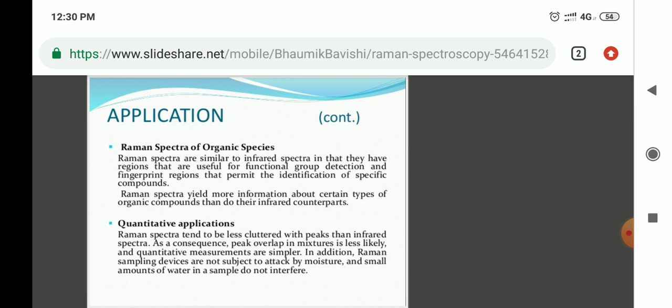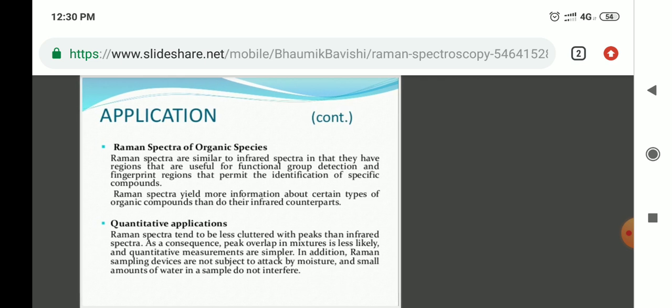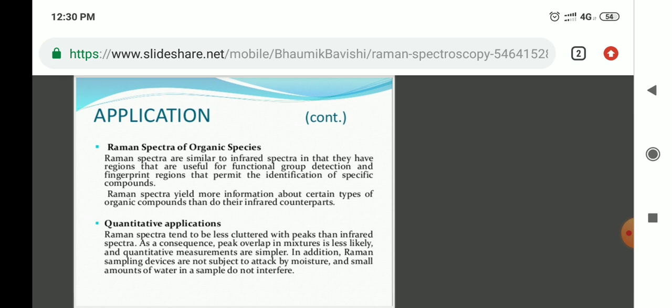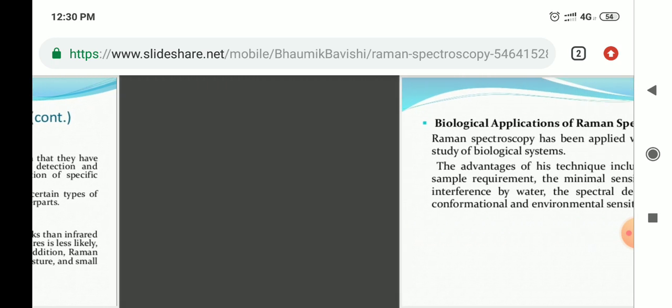And next is the quantitative application. Raman spectra tend to be less cluttered with peaks than infrared spectra. As a consequence, peak overlap in a mixture is less likely and quantitative measurements are simpler. In addition, Raman sampling devices are not subject to attack by moisture, and small amounts of water in a sample do not interfere.